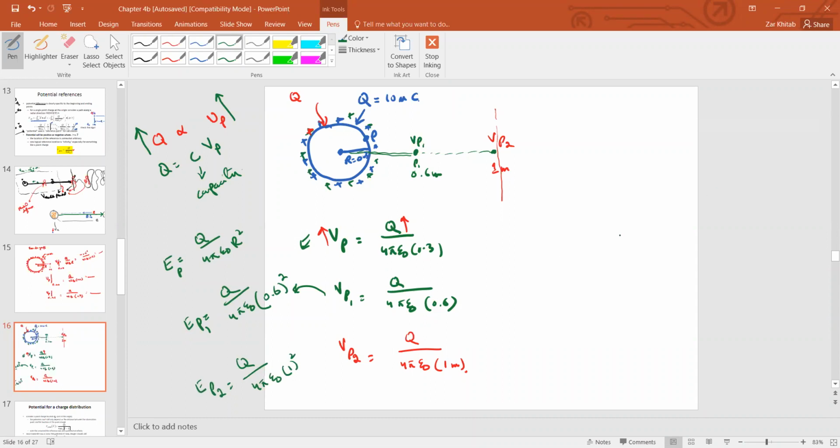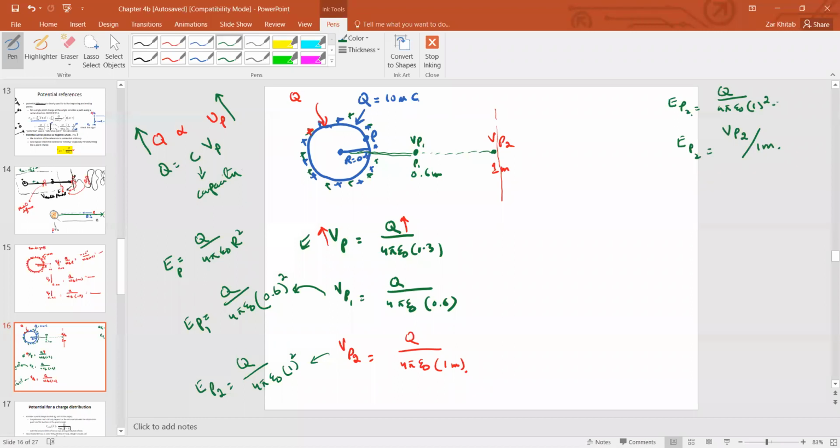This EP2 is a little interesting. EP2 is equal to Q over 4 pi epsilon naught, R is 1 meter square. EP2 is VP2 divided by 1 meter.